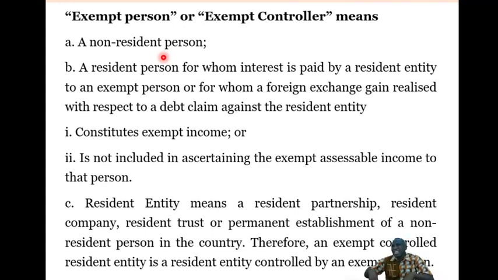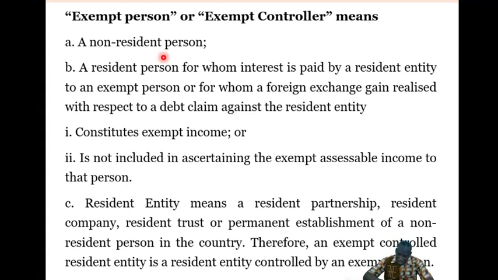But for a resident person to become an exempt person, they add something: a resident person for whom interest is paid by a resident entity to an exempt person, or for whom a foreign exchange gain realized with respect to a debt claim against the resident entity constitutes exempt income, or is not included in ascertaining the exempt accessible income to that person.